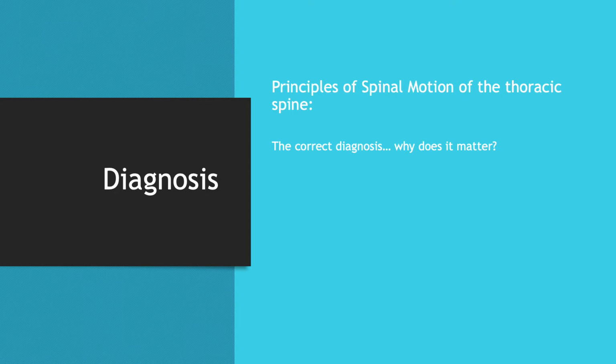And so the correct diagnosis, why does it matter? Well, as I alluded, Fryette's principles are still taught in school. Well, in clinical practice, I remember before I had read those studies, I would see side bending and rotation that are to the same side in neutral, or that are opposite, what we call contralaterally coupled, in flexion or extension.